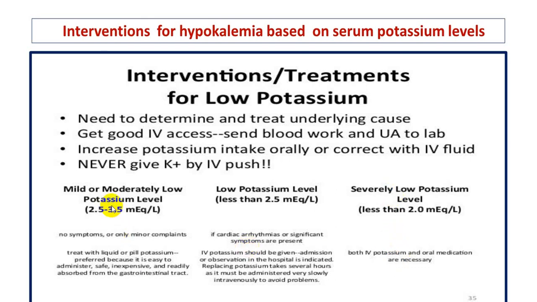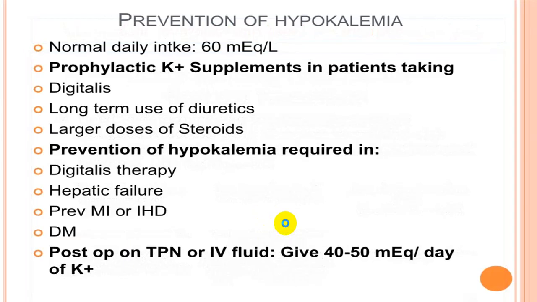But this can be treated by oral, and here we try to find out the cause, treat the cause, and if the person is symptomatic and there is a chance of a dangerous cardiac arrhythmia, it should be treated by IV, or otherwise by oral. Prevention of hypokalemia: daily intake should be good.